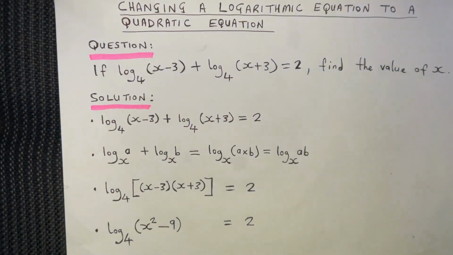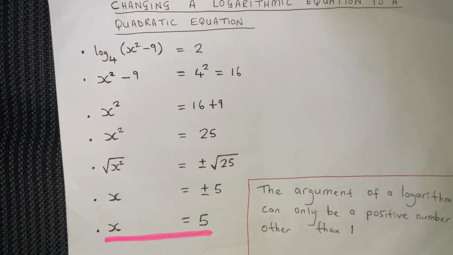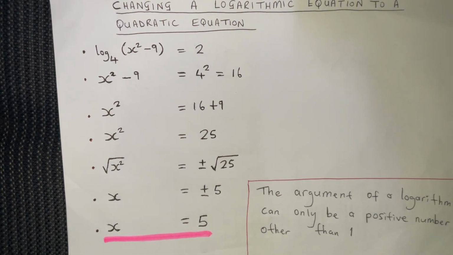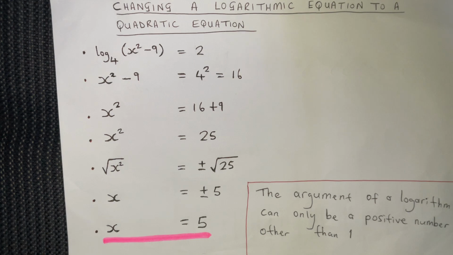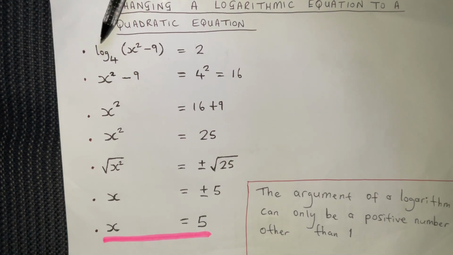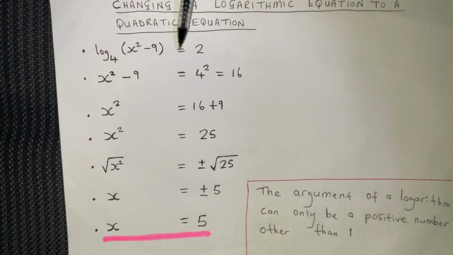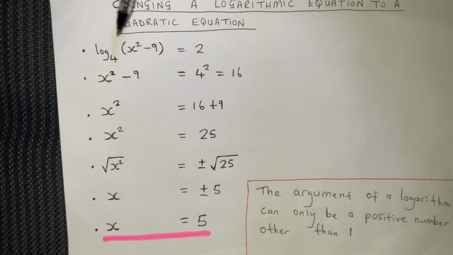Okay, let's proceed on to this other sheet. So log of x squared minus 9 to base 4 equals 2. This logarithmic statement can be interpreted as follows.